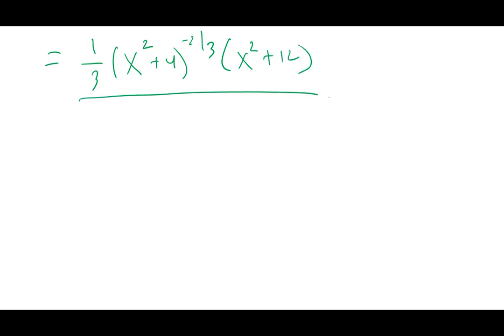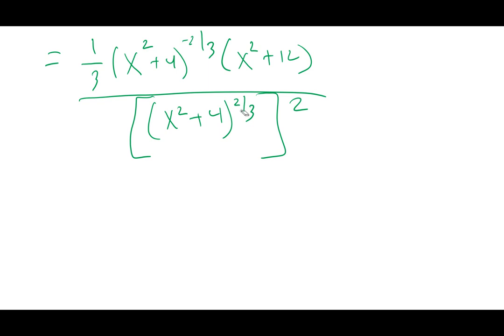So right now I have 1/3 x squared plus 4 to the negative 2/3 times x squared plus 12 all over the denominator squared. Remember that the denominator was x squared plus 4 raised to the 1/3. You now have to square it.